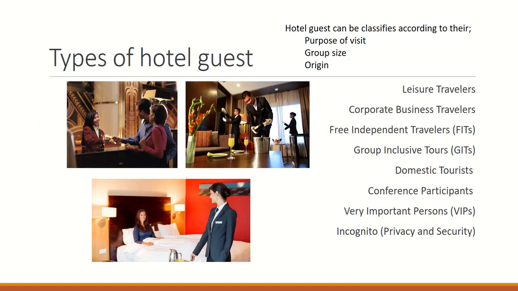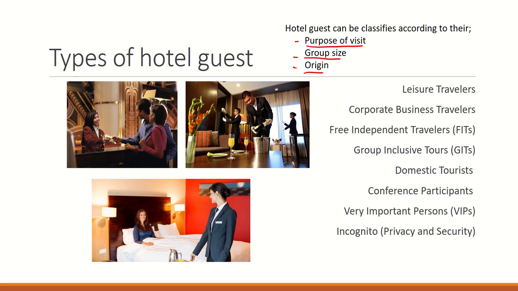Okay. And when we talk about hotel staff in front office or room division, we talk about room types, we talk about qualifications, and we talk about hotel guests a bit. Hotel guests are classified by the purpose of visit: for traveling, for business, for conference, or for long stay vacation.